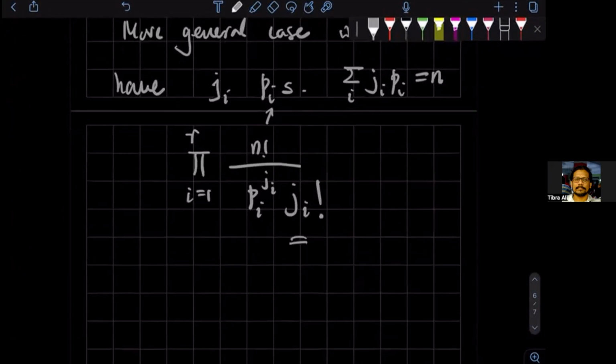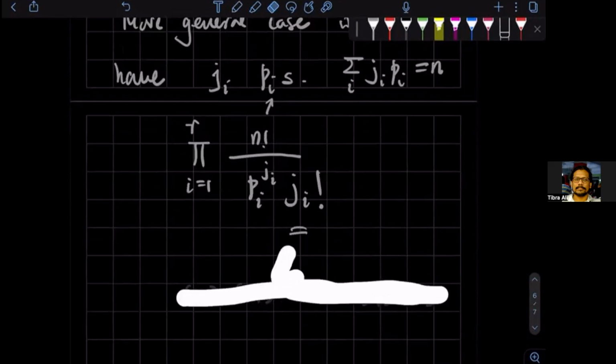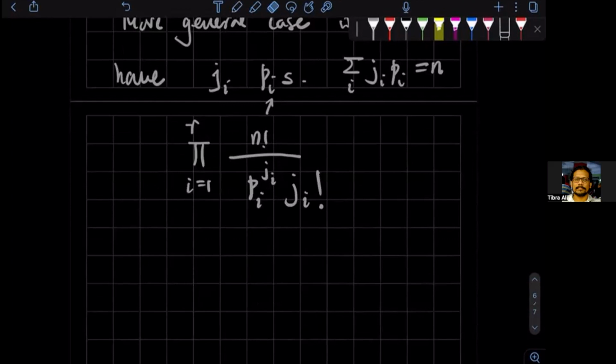Because if you have two cycles, say we have (1 2) and (3 4), we can also have (3 4) and (1 2), right? But these two things are the same. So we have to divide by the number of possibilities there, which are equivalent.